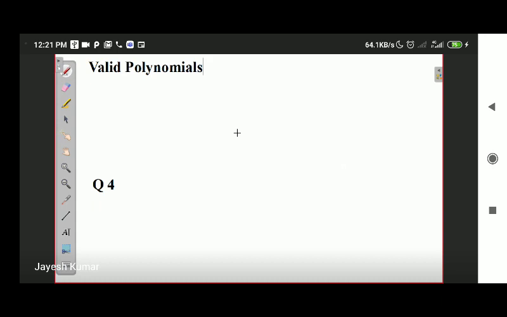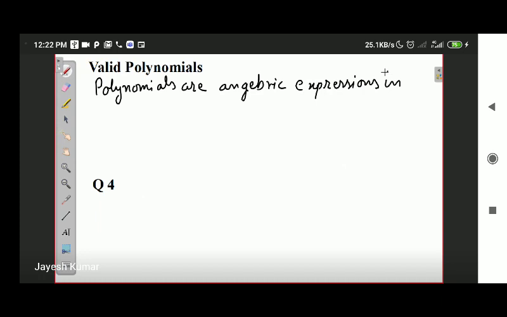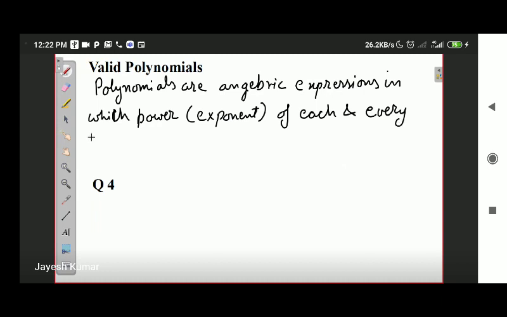Polynomials are algebraic expressions in which the power, or you can say exponent, of each and every variable is, let's say, a whole number.